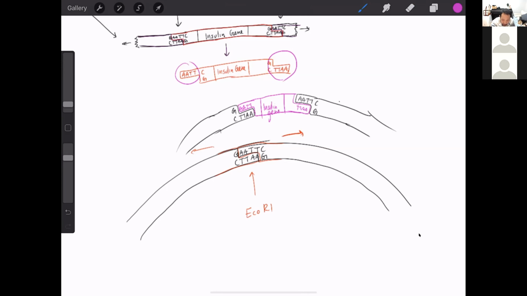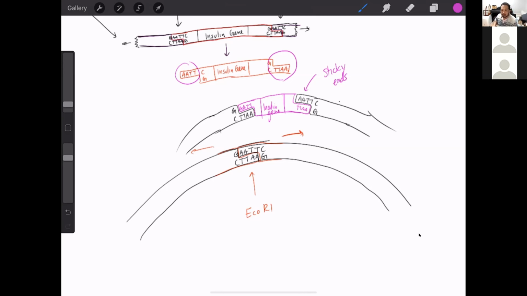And what I was able to do, by using that restriction enzyme, is cleave off the insulin gene and cut once along the plasmid here and use what we call sticky ends, right? These are going to be called sticky ends, to combine this insulin gene into the plasmid. Does that make sense to you guys? I mean, it's pretty intuitive, right? So it's really cool how this all works, you know?